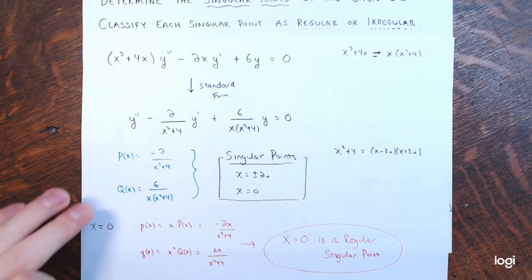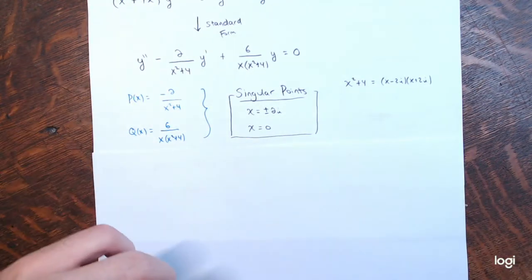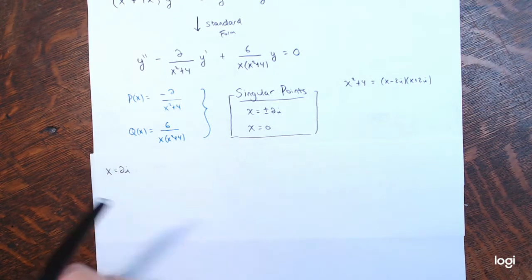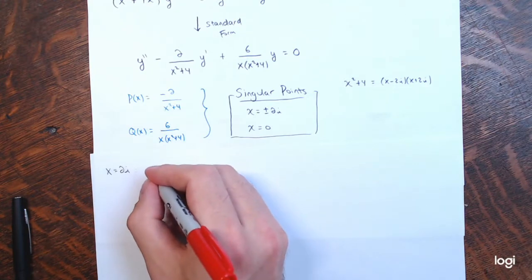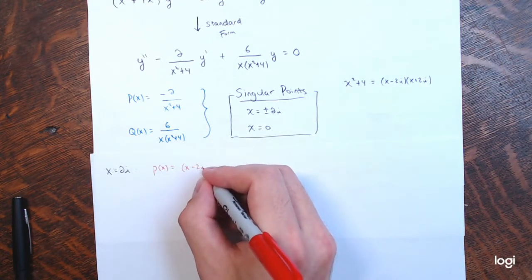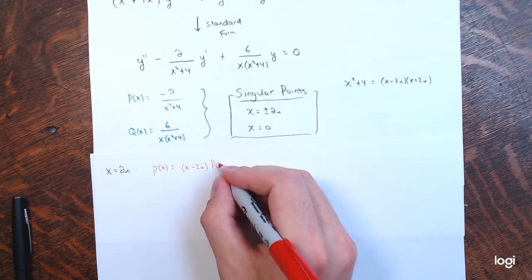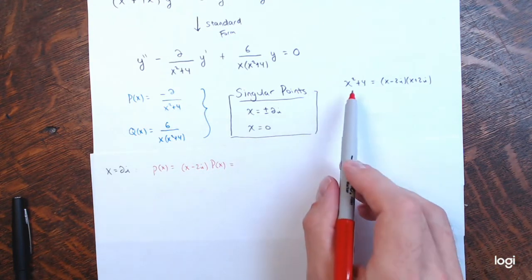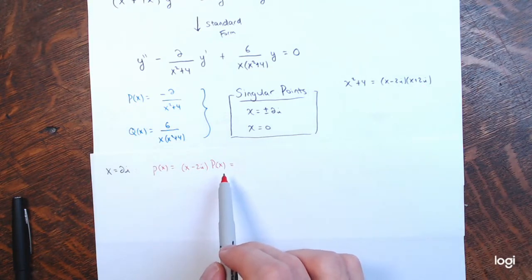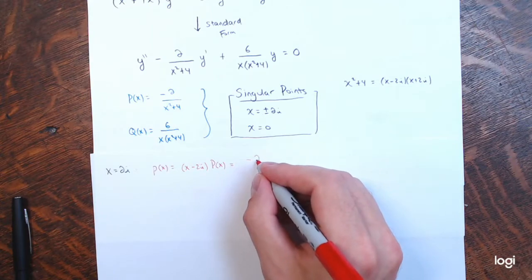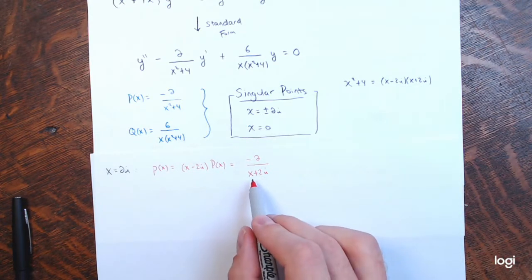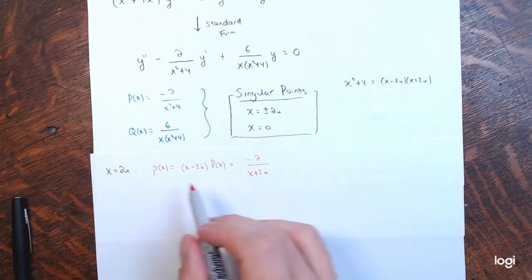Then x equals 2i. And form little p, little q. Now little p would be the quantity x minus 2i times capital P. Which again, if you think of x squared plus 4 as x minus 2i times x plus 2i, that'll make this a little easier. This will be negative 2 over x plus 2i, which would be defined at 2i.